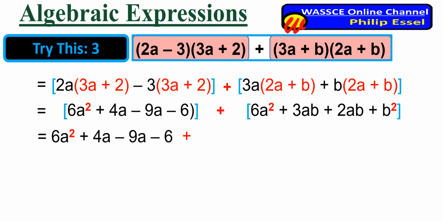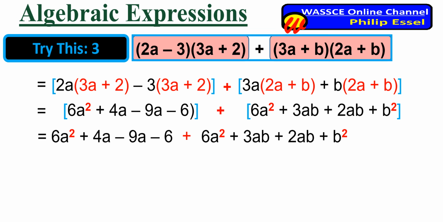Let's write our plus sign. The sign in front of the second part of the algebraic expression is also positive. So we would end up writing the same expression, which is 6a squared plus 3ab plus 2ab plus b squared.